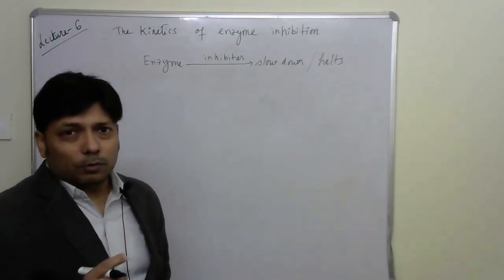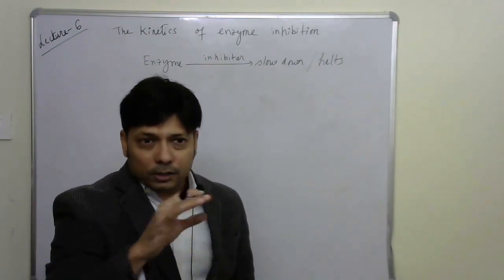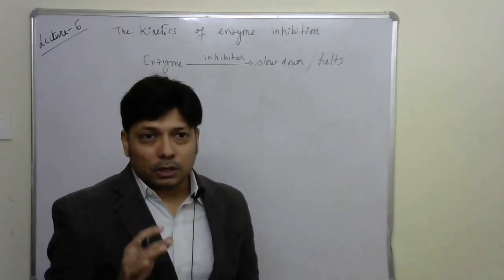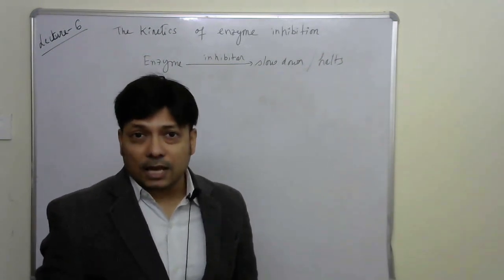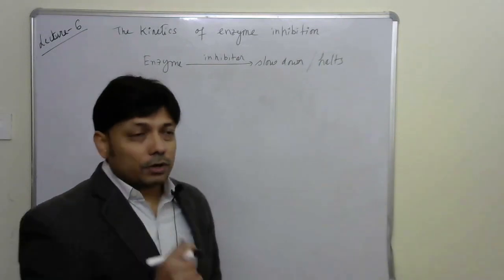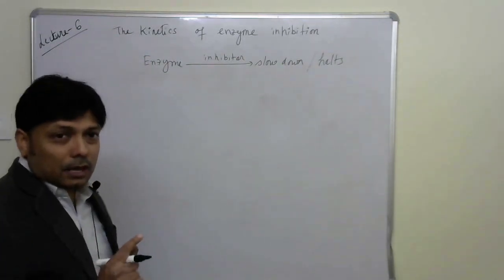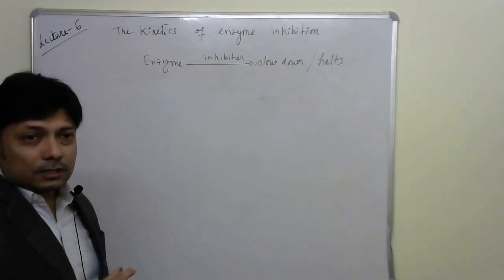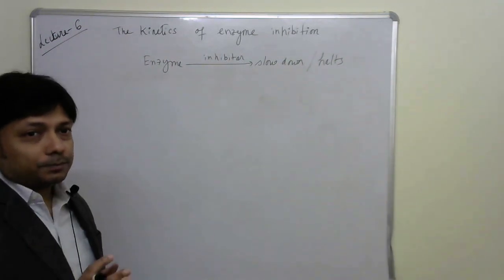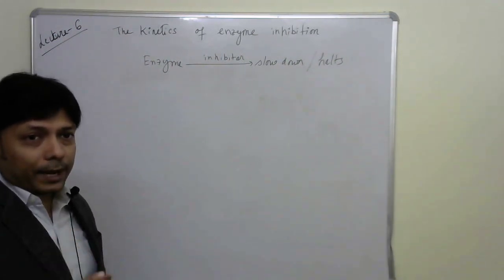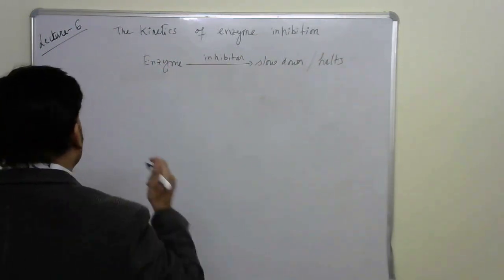Now you might be wondering why we are talking about enzyme inhibitors, and why at all we are interested in the kinetics of enzyme inhibition. The sole reason is that these enzyme inhibitors give us a major way to find out the different metabolic pathways of organisms.